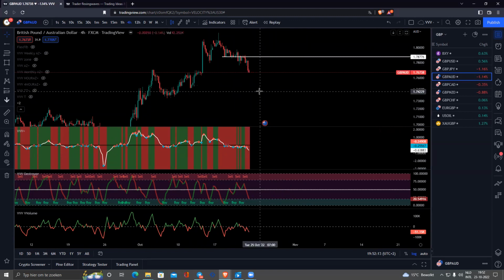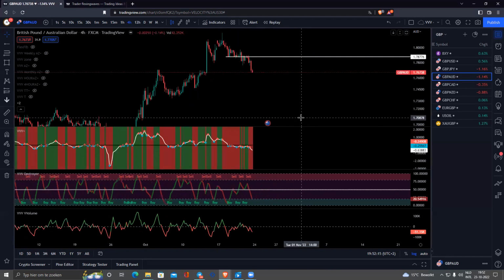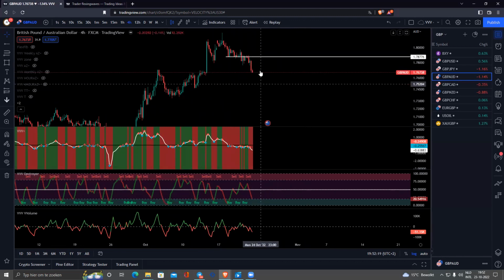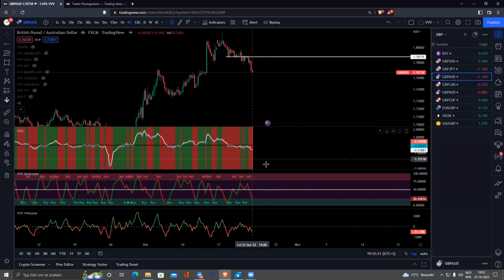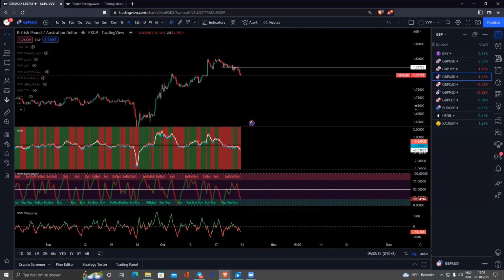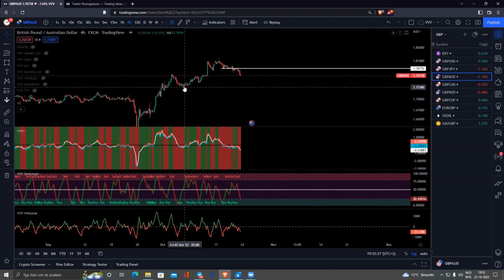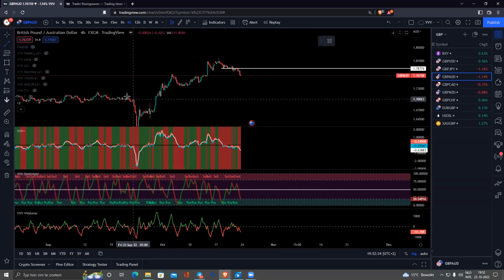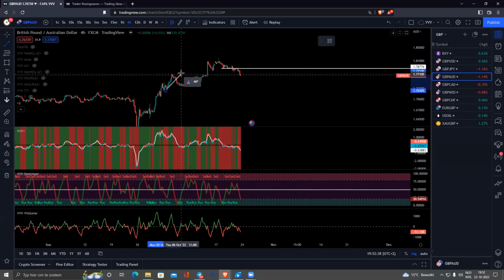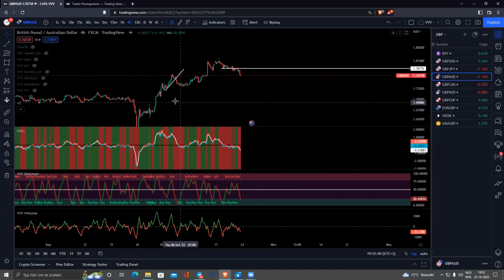Also a beautiful move on GBP AUD, and I would see the price making a more downward move actually, which is correct also on the bias on what we did with the indexes. Small momentum.